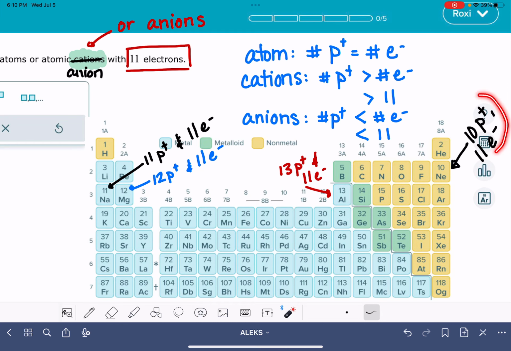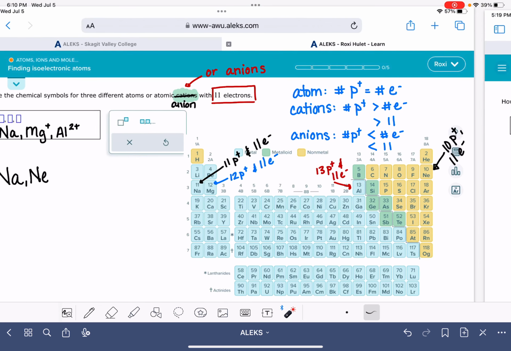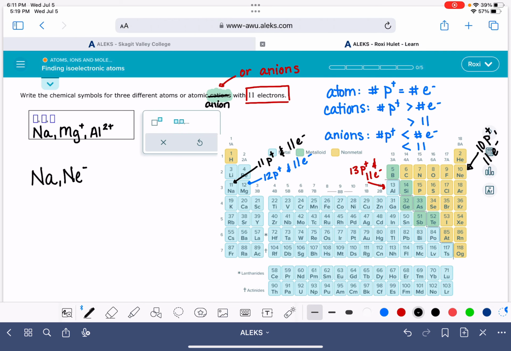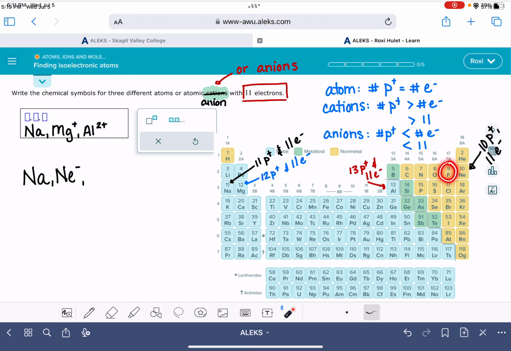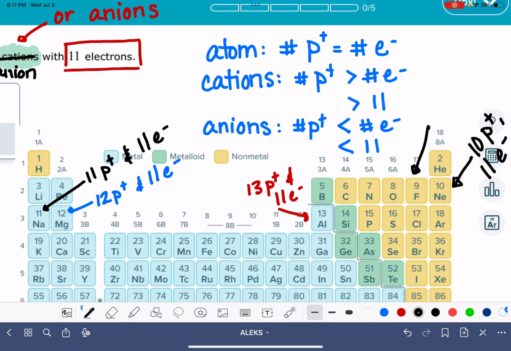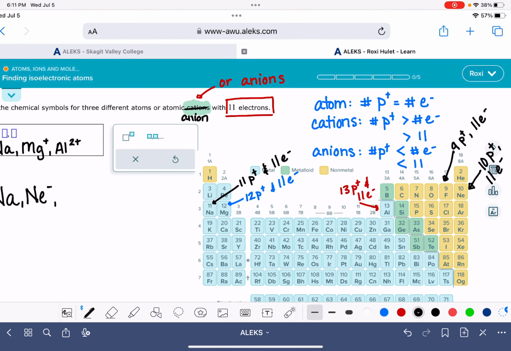If neon had 11 negatively charged particles compared to 10 positively charged particles, the charge on that ion would be -1. And hopefully you're starting to see the pattern. We're going to move backwards from element number 11, and go back one more spot to element number 9. That's fluorine. Fluorine has 9 protons, and if fluorine had 11 electrons, then it would have a -2 charge.